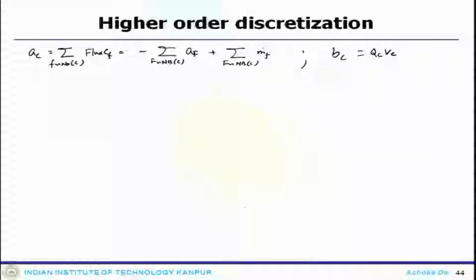Now, to see the weakness in this formulation, this is a multidimensional discretized system.